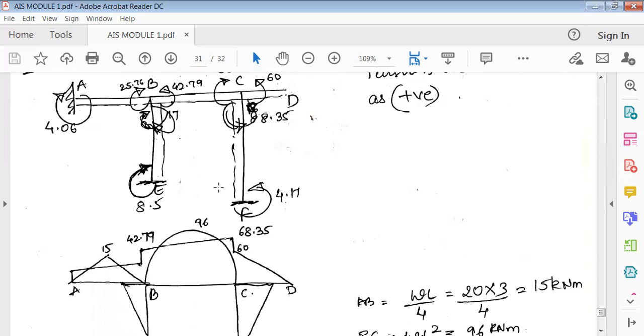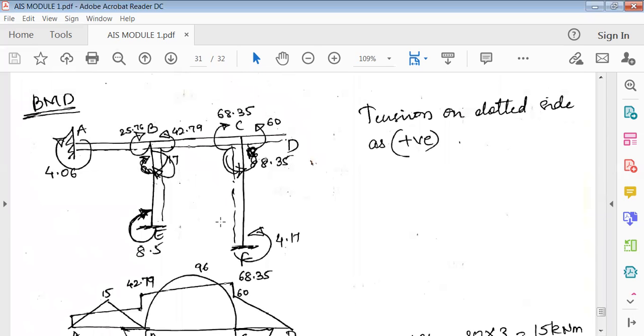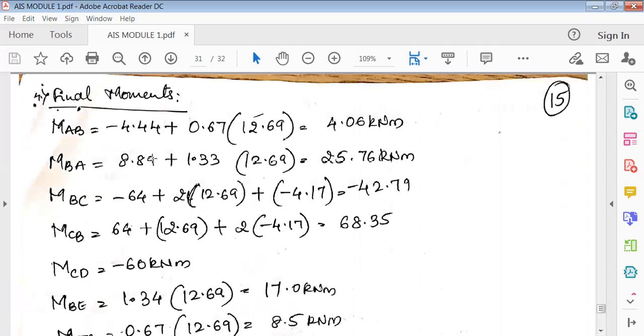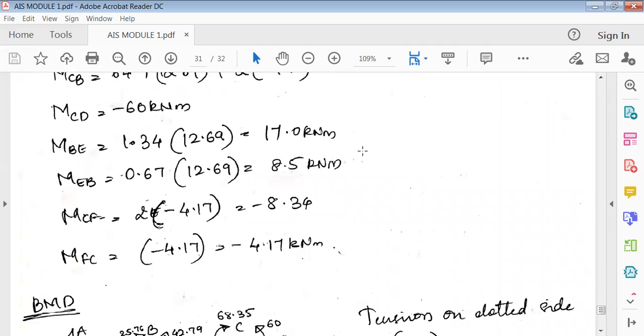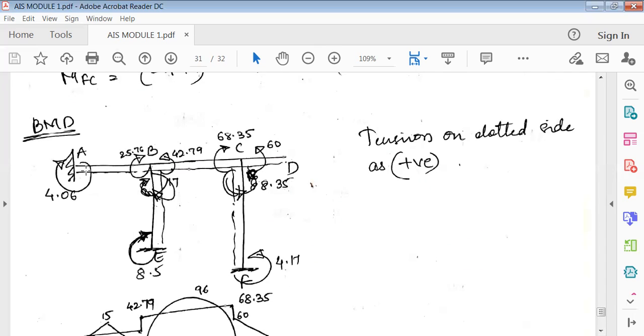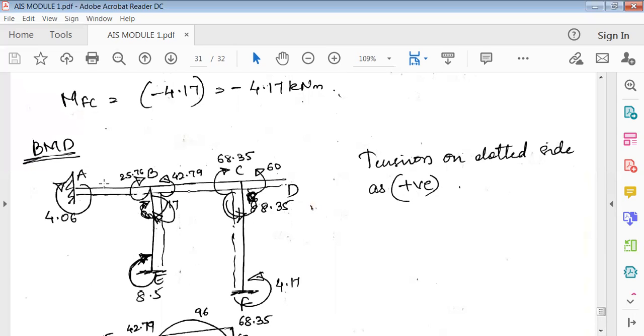After this, we'll start marking the bending moment. So first, MAB is 4.06 plus. Plus means clockwise, so show it like this. The arrow should always be touching this point. Clockwise. Next, MBA. BA means draw it here only.